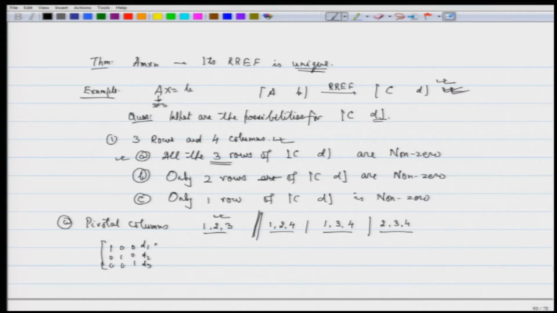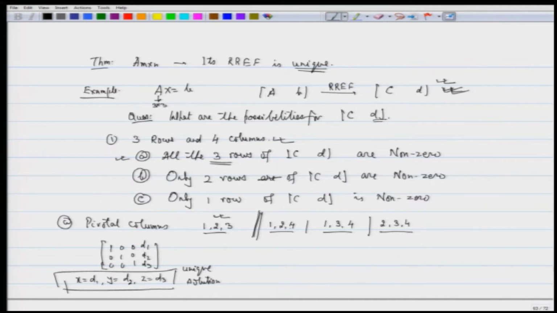This gives me the solution x as D1, y as D2 and z as D3. So, I get a solution directly here, and this is a unique solution. There are 3 pivots at positions 1, 2 and 3, so they correspond to the variables x, y, z, and therefore I get a unique solution.